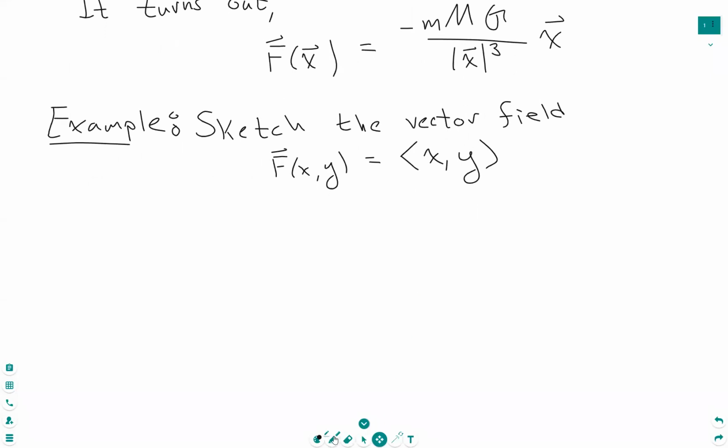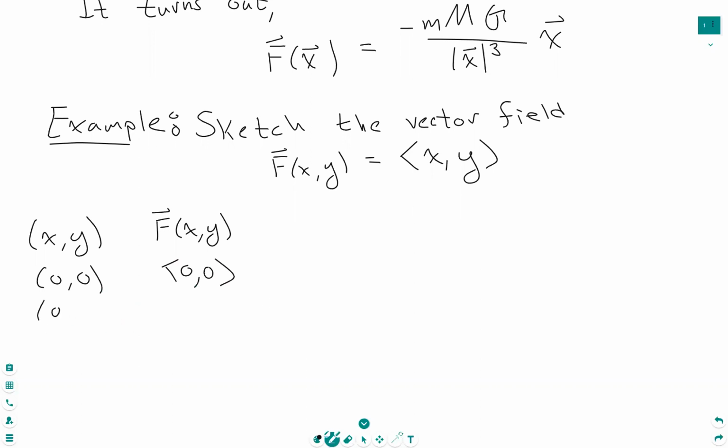So here on the left, why don't we actually make a little chart of some test points? So if I input x and y, I'll get some vector back given by my vector function. So what happens if I input the origin? Well, I get the 0 vector.